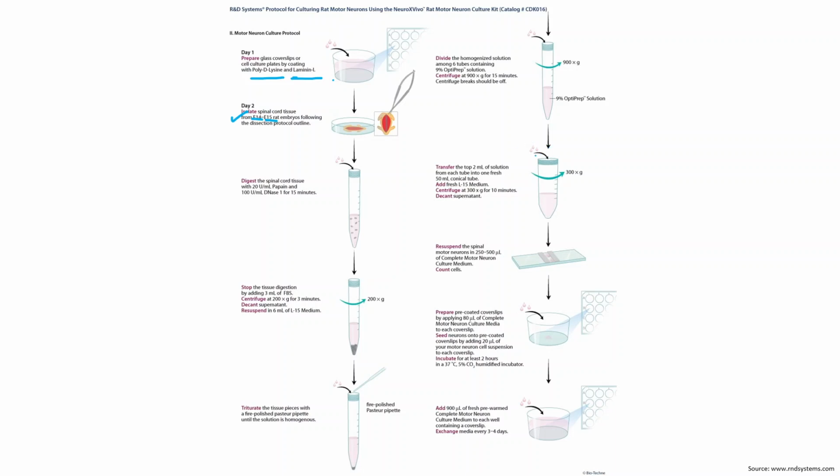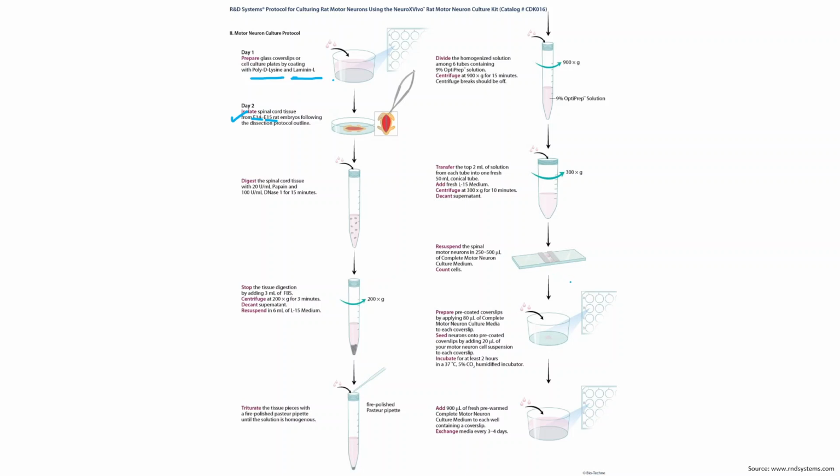Once you prepare your single cell mixture, you have to count the number of cells present in your solution. For that, we can count them using the hemocytometer, which I also discussed extensively in the last lecture.